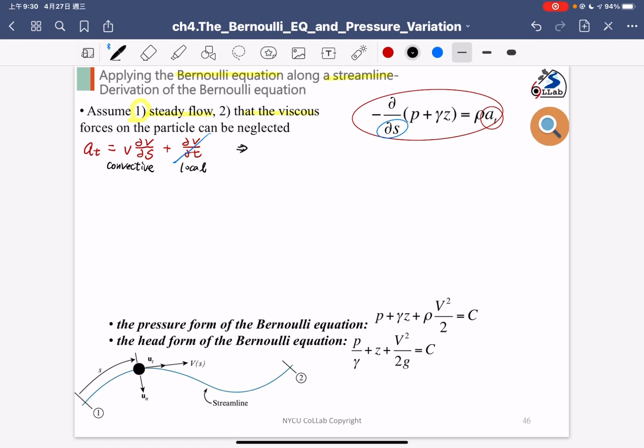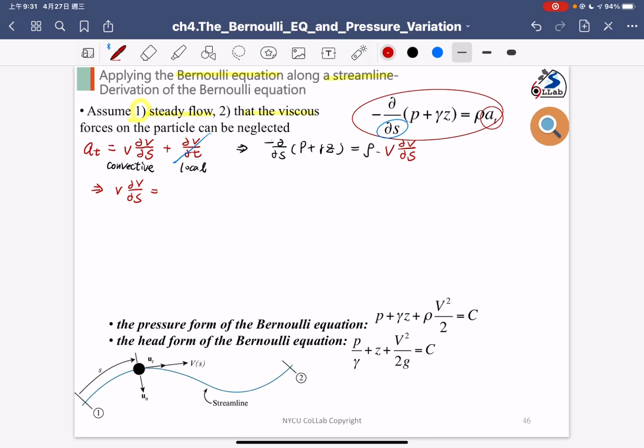We know the piezometric pressure along the straight line, so we have P plus gamma Z, and we have the density, okay? But right now for the acceleration, we only have V dV/ds, right? And if we focus on V dV/ds, we can do the integration by part.